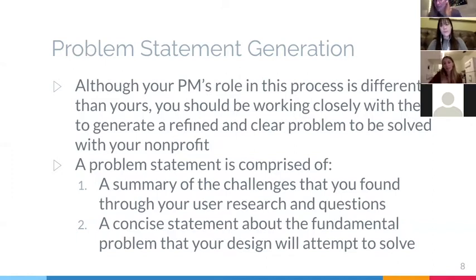Now we're just talking about the next step, which is the problem statement. The problem statement is comprised of the summary of the challenges that you found in your org, as well as a concise statement about the fundamental problem that your design is going to fix. Keep in mind again that the PRD is going to be useful with this, because it had a section that described the problem and the scope of the solution.